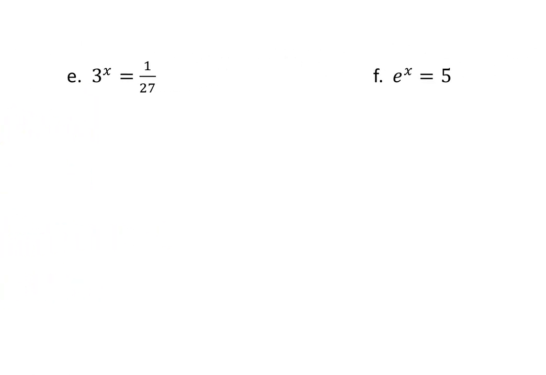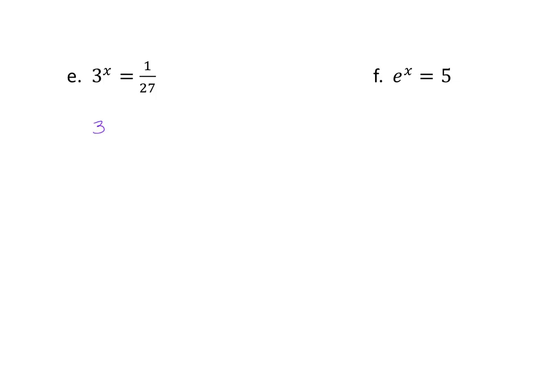All right, let's come over to something that is not a common log. The first one, we have 3 to the x equals 1 over 27. Okay, for this, we are going to use our first strategy. Later on, we'll get into more complicated exponential equations, but this is not base 10, it's not base e, and so we do need to go ahead and write with the same base.